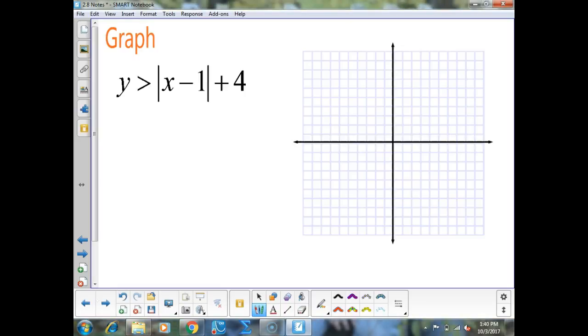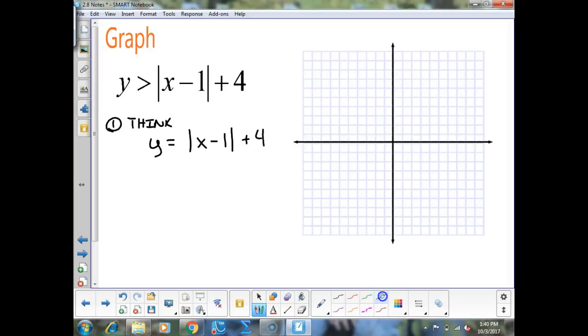So first thing, you're going to think y equals absolute value of x minus 1, then plus 4. What can you tell me about that? Vertex is at the point 1, 4. Right side slope. Left side slope. Negative 1. Okay? So let's go over here.